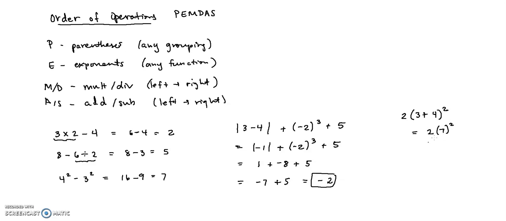Remember, the exponent only goes with what it's next to. So we'd have 2 times 49. And for this one, our last step is multiplication because the addition subtraction already got taken care of in an earlier step just by the order that we had to do it. And so then our last step would be 2 times 49, which is 98. Okay, so that's the basic idea there.